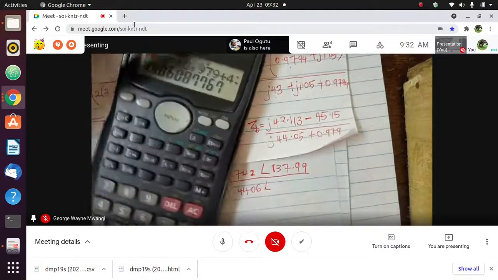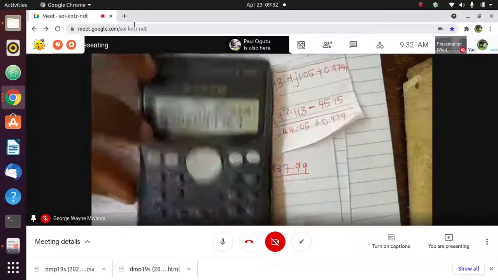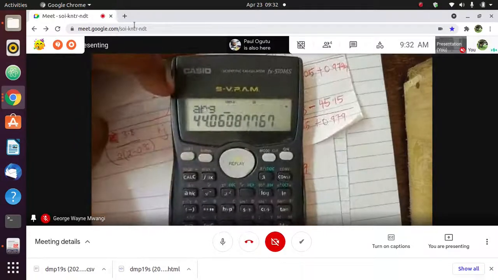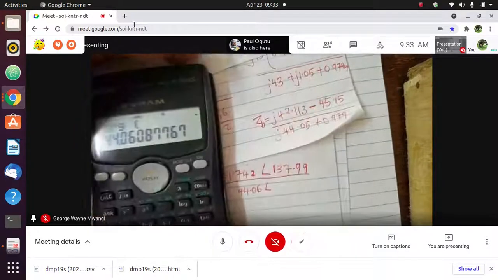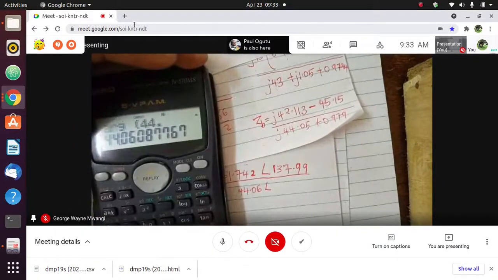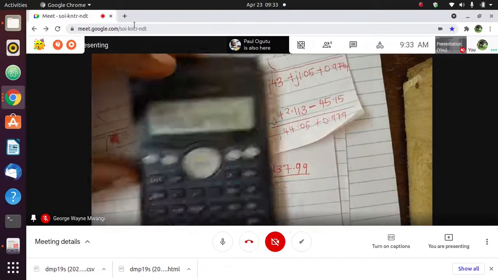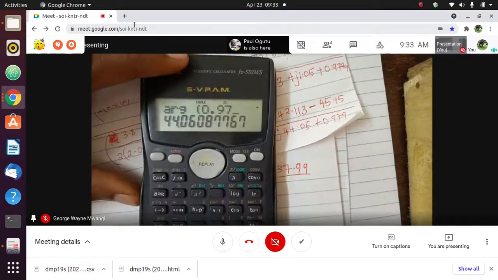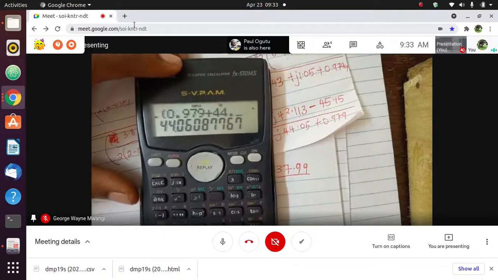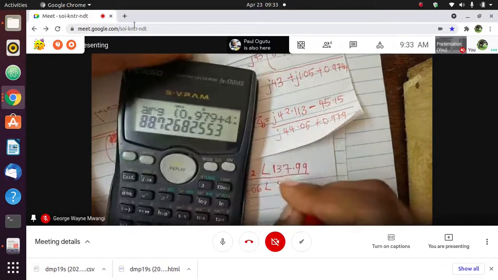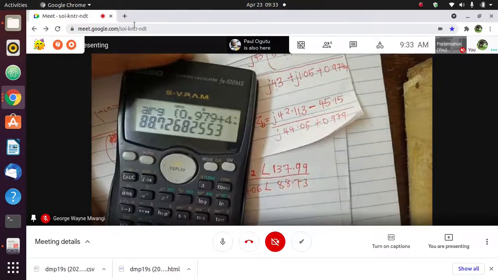At what angle? Shift, argument, you input the values of the denominator, 0.979 plus 44.05 I, to give you the value of the angle 88.73.